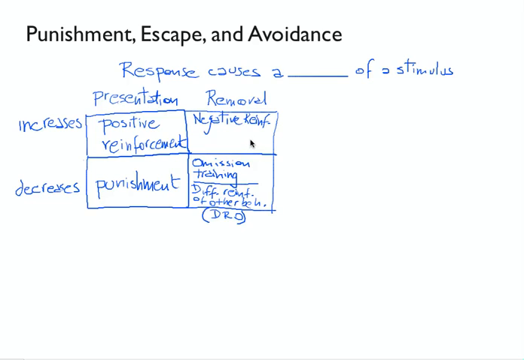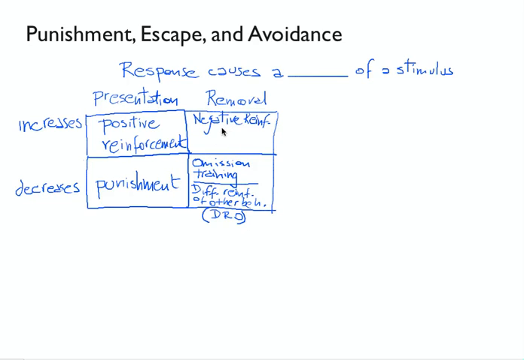And it's really important to distinguish two concepts that are often confused, which are negative reinforcement and punishment. They're not the same, as suggested by the different position in this matrix. Punishment involves the presentation of a stimulus that decreases a behavior.